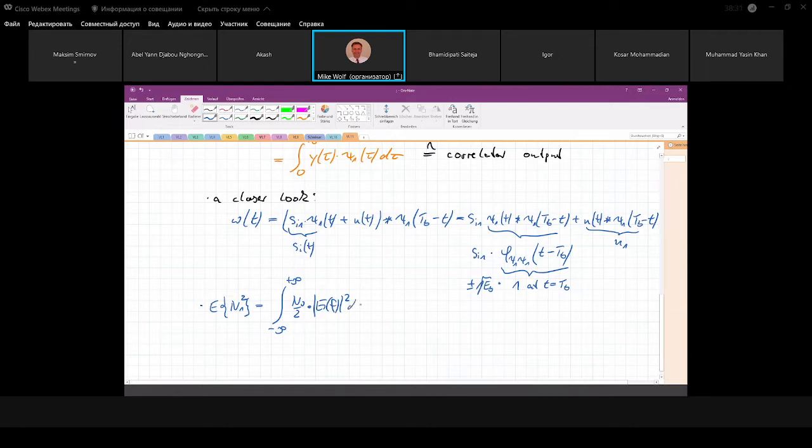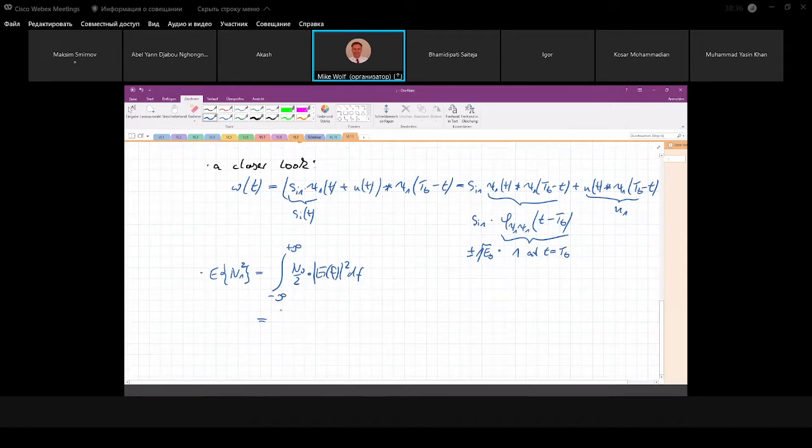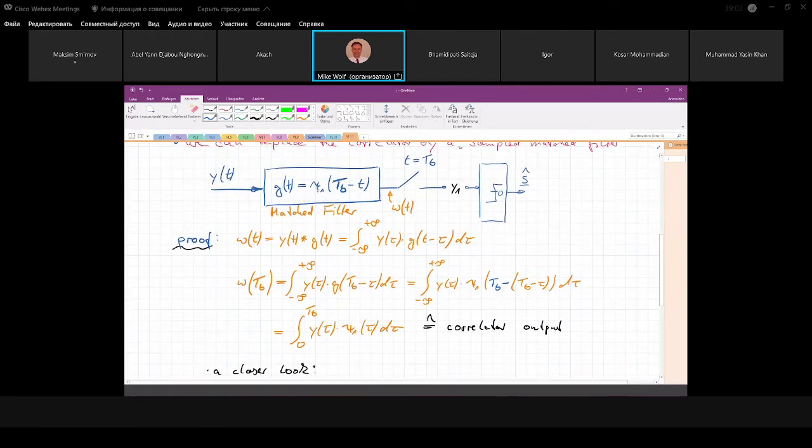So df. Now if we insert this in our special case, so we have white noise, we can put N0 by 2 in front of this integral. Then we can say this is the integral from minus infinity to plus infinity of the magnitude of G of f squared. And what is it? This is equal to N0 by 2 times the integral from minus infinity to plus infinity. Now look, the impulse response is c1 of Tb minus t.